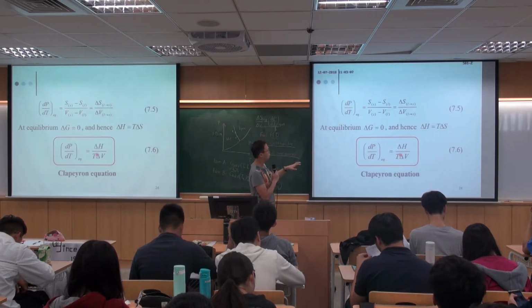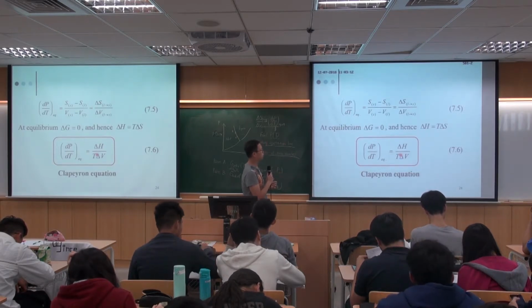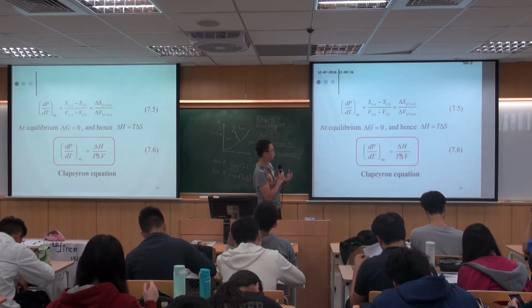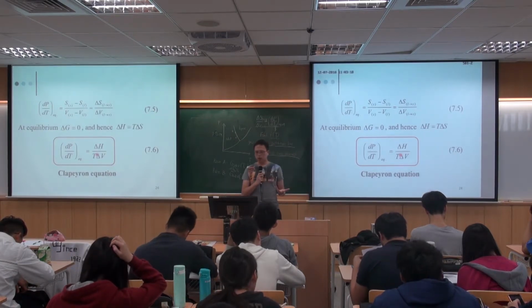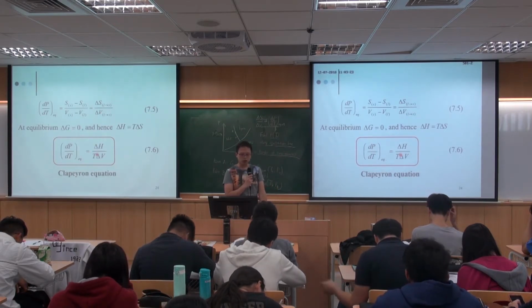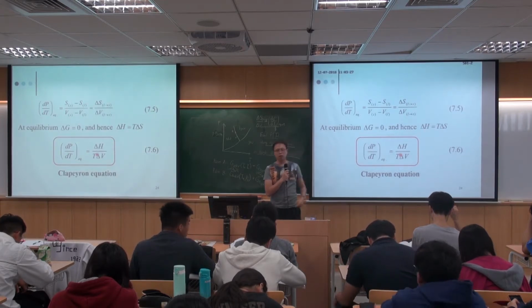And this is probably the most important thing in chapter 7 because a lot of calculations will be based on this. So for instance, the problem will give you a molar volume for solid phase and liquid phase, and also the latent heat of this phase transformation, and then ask you to calculate dP over dT.